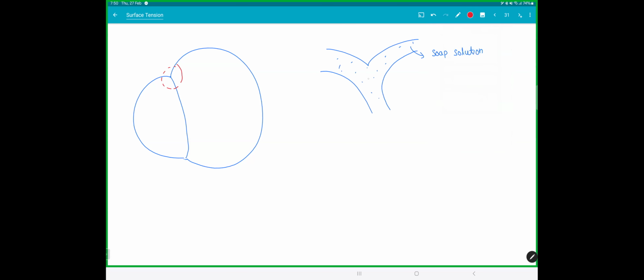If you choose a point here, you'll observe the soap solution from this side is pushing with pressure P. This side is pushing with pressure P. This side is also pushing with pressure P. Why should the pressure be the same? Ask yourself, if the pressure is not the same, then the soap solution will go from high pressure to low pressure. Isn't it? So the soap solution will keep moving till the pressure becomes the same. So pressure at that point must be the same in all directions.